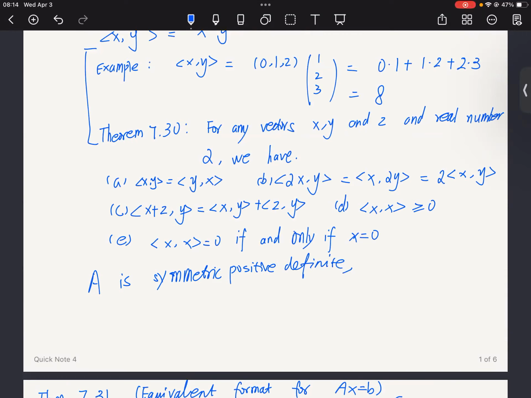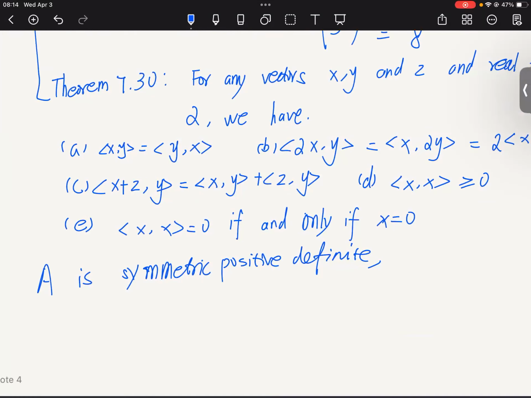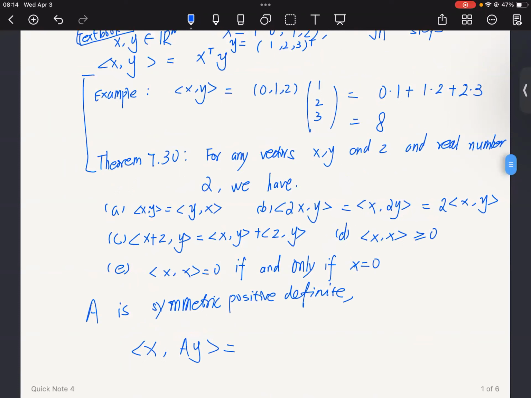We have X with the inner product with AY, and by the definition of the inner product, it's just X transpose times AY. And because A is symmetric, we get X transpose A equals A transpose Y here.